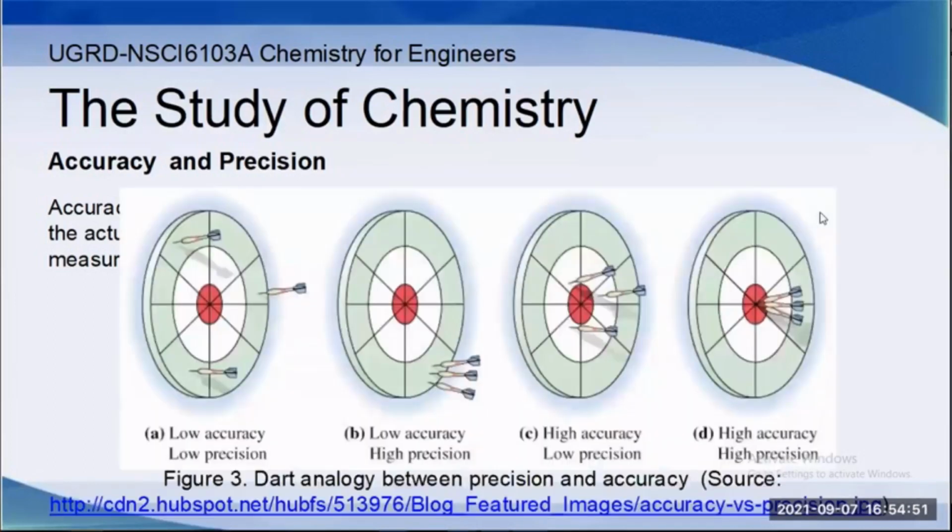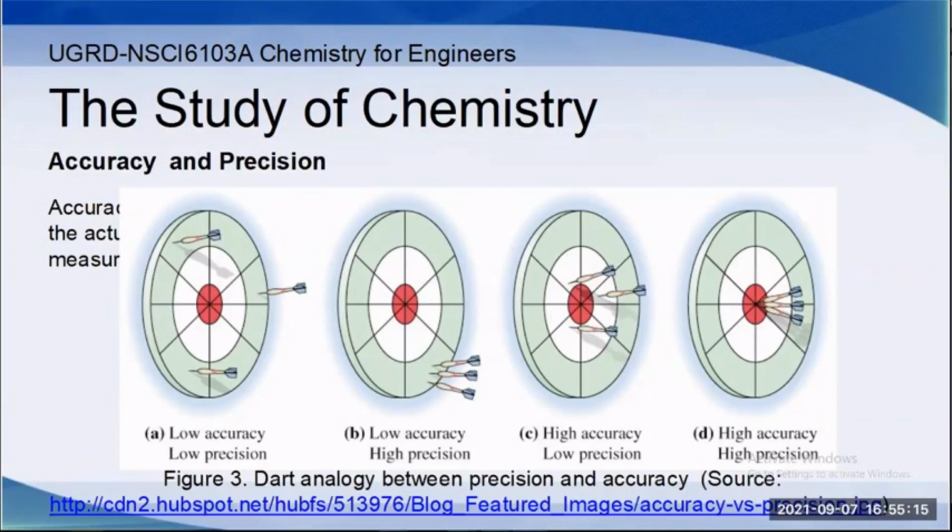So to help us understand more, we have some visual representation here. The classic dart and dartboard visual representation for accuracy and precision. For the first visual, we have 3 darts very far from the target and very far from each other. So this is an example of a low accuracy and low precision measurement.